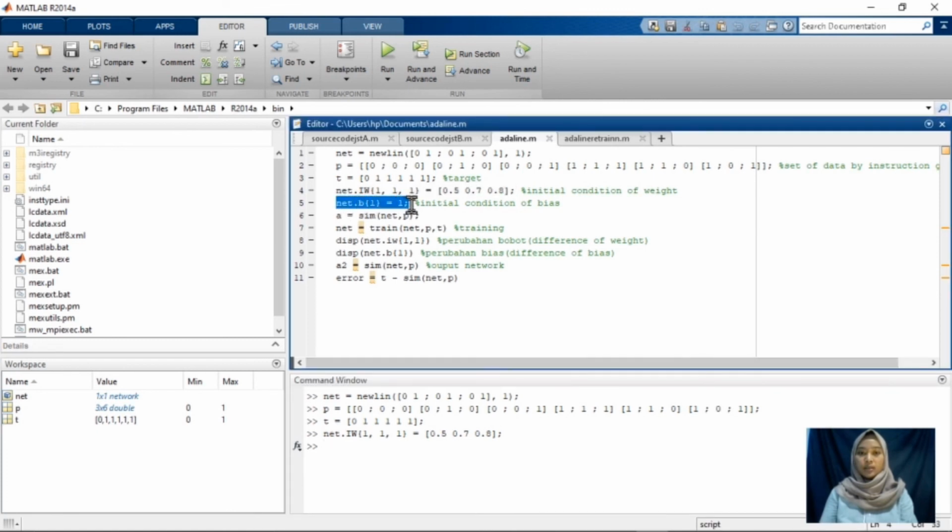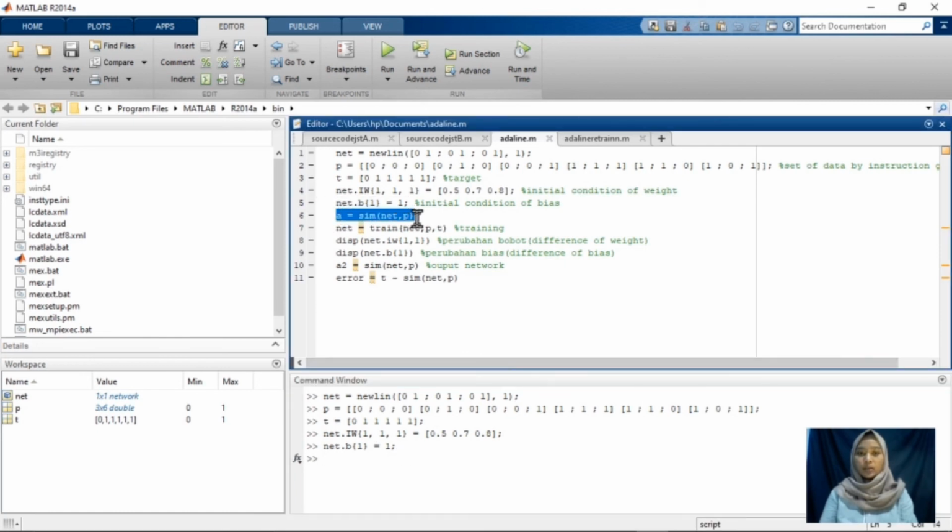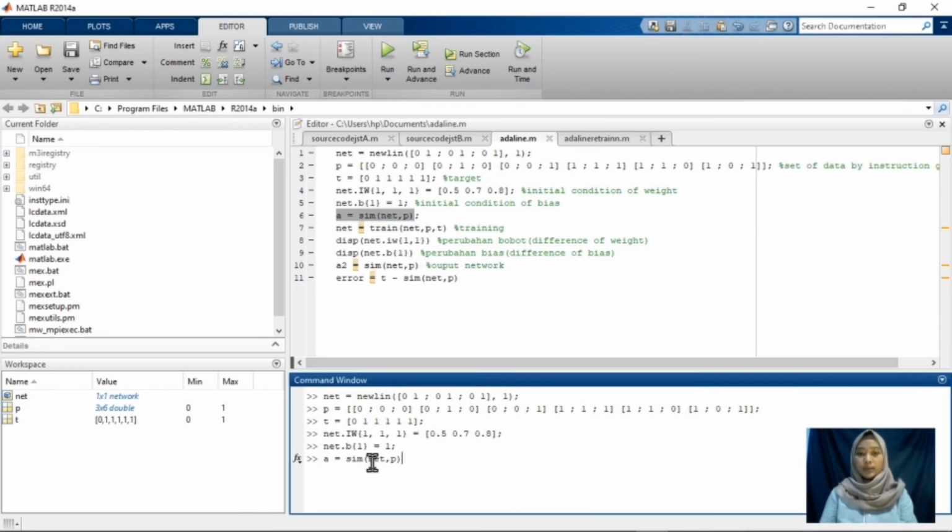And then the net.b function is for the initial condition of bias as 1. And then A equals sim net, B.